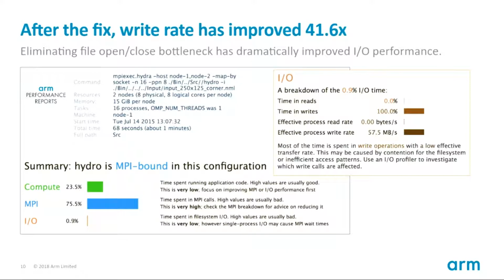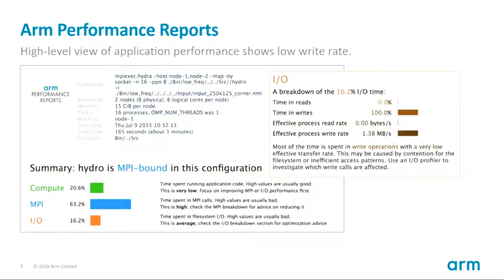So it's like 41 times faster just by running on a faster file system. So this is the kind of thing if you weren't aware that you were spending a lot of time in I/O until you actually generate a report and look at the general summary. Okay.